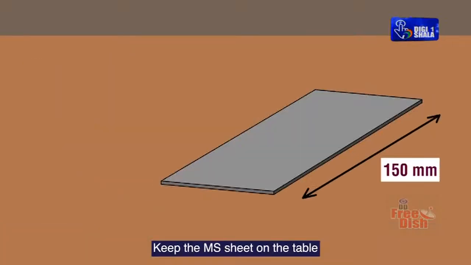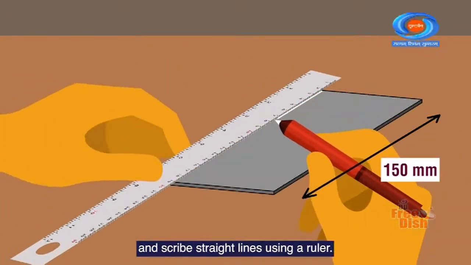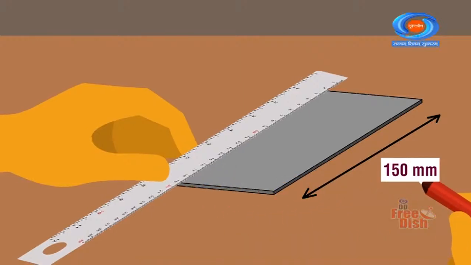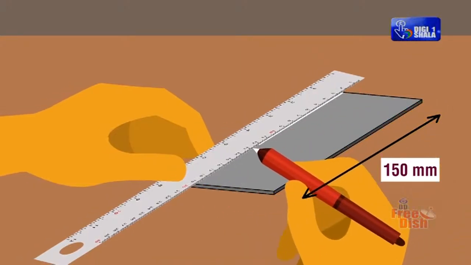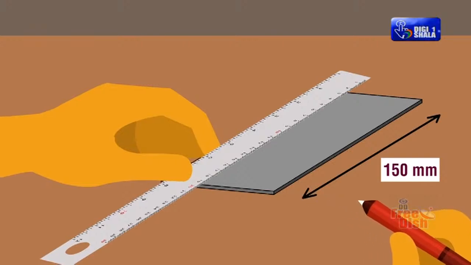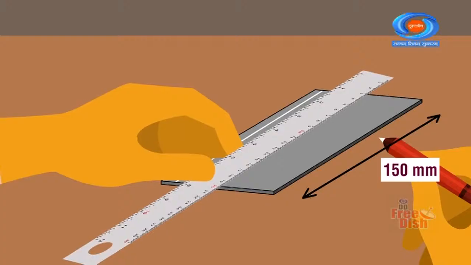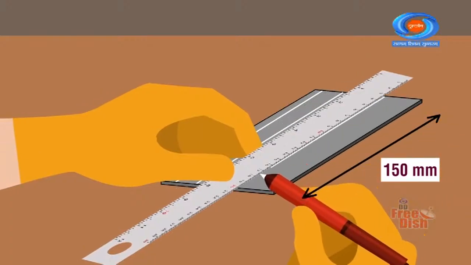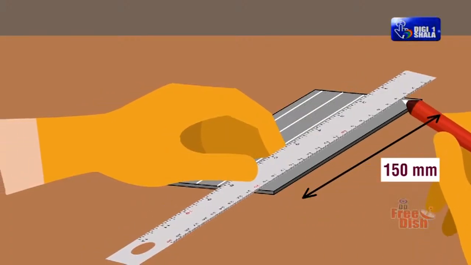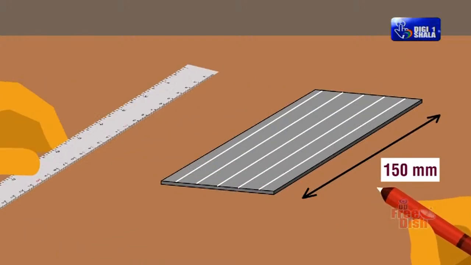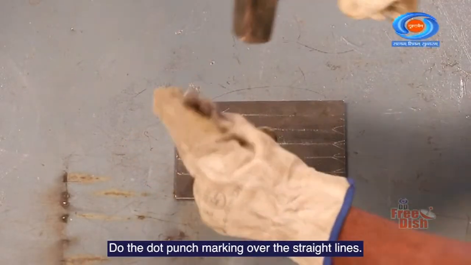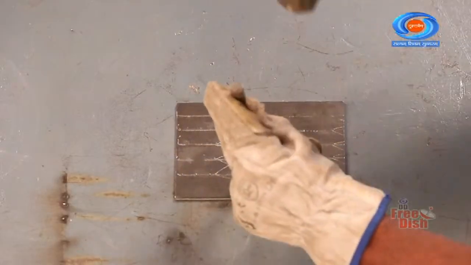Keep the MS sheet on the table and scribe straight lines using a ruler. Do the dot punch marking over the straight lines.